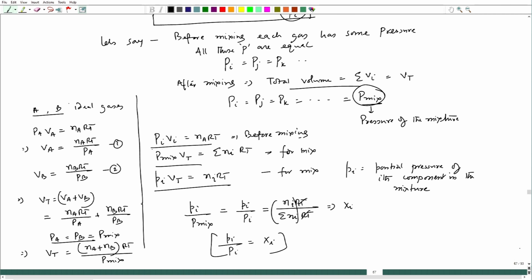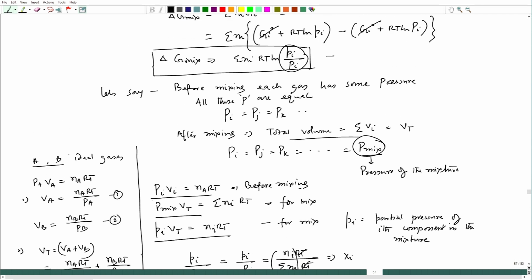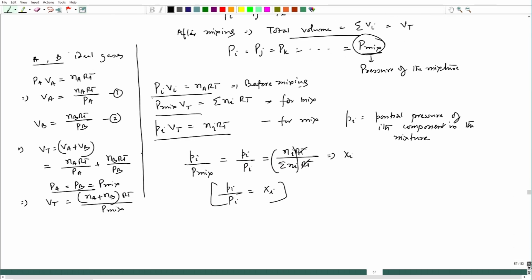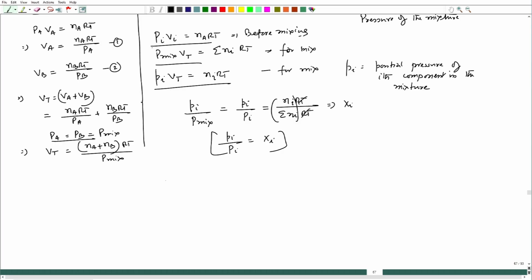So, now we take this particular formula, then we get delta G mix equal to, okay.